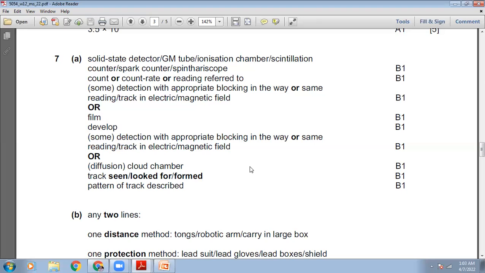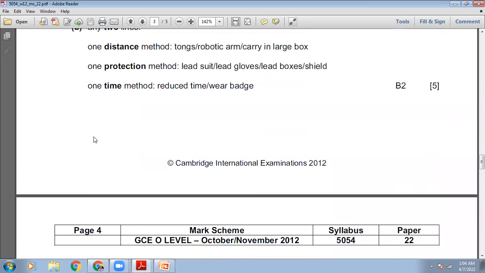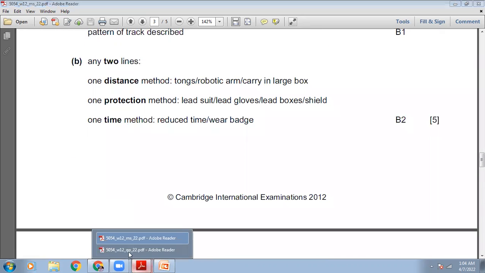Or diffusion cloud chamber, tracks seen, pattern of the track described. Okay, so that's the marking scheme of the question number 7A part.